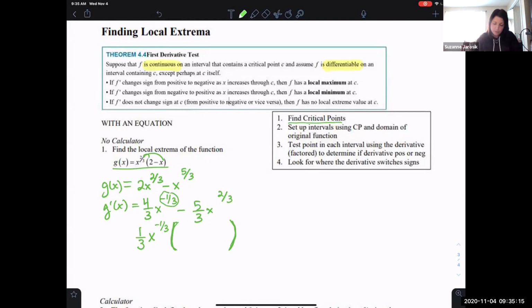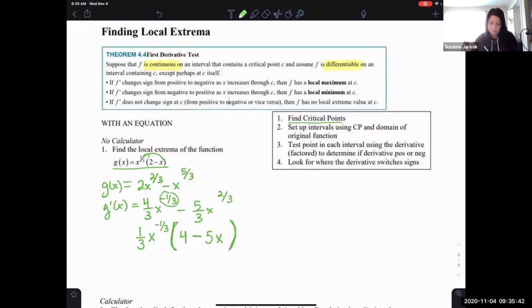What ends up happening? Well, with the first term, it's easy enough. It's just a 4. 4 times 1/3 x to the negative 1/3 is that. Now, I definitely need a 5. That would give me my 5/3. To make x to the negative 1/3 multiplied by an x term, that would give me 2/3.